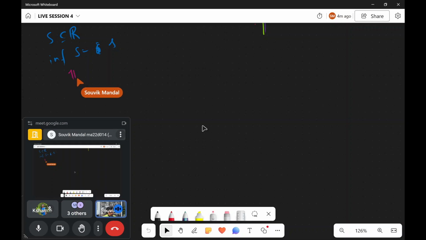This is equivalent to saying that for any epsilon greater than 0, there exists S prime belonging to S such that s is less than or equal to S prime, which is less than s plus epsilon, correct?